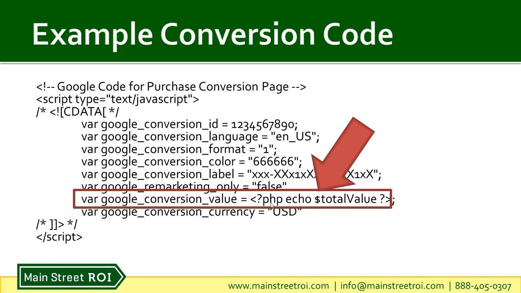You need to put that value for every single purchase, and that's going to be a different value, likely. So the shopping cart has to put that value on the page, and then that code gets sent to Google AdWords, and Google AdWords will now track the actual order value for all of those transactions.